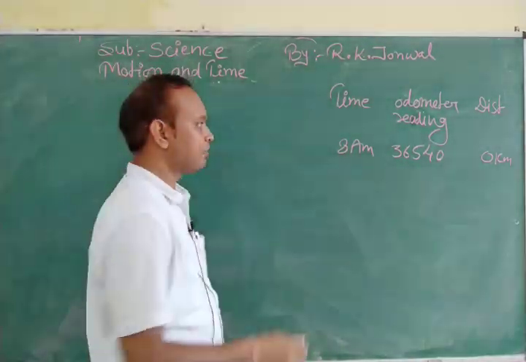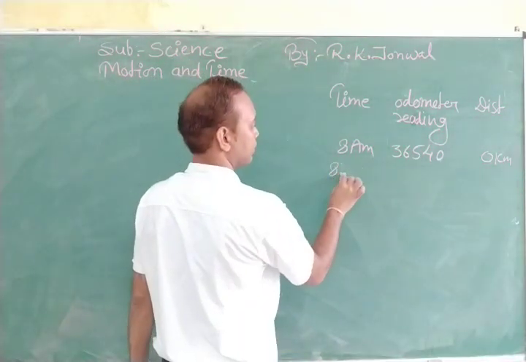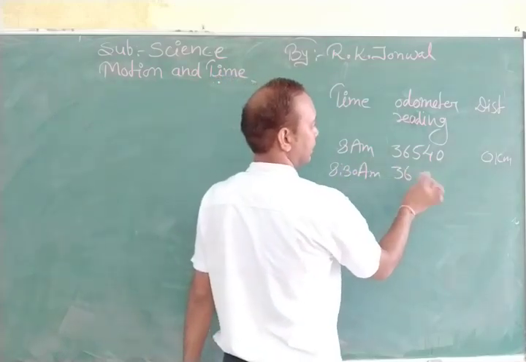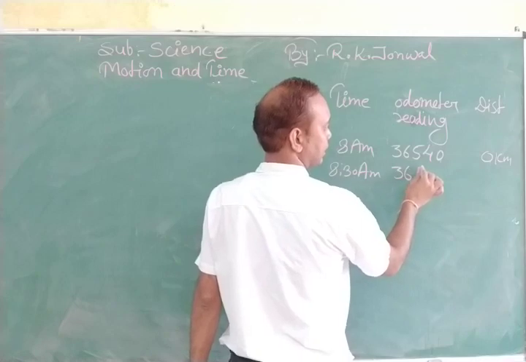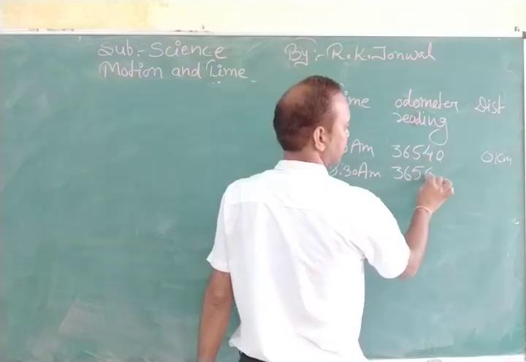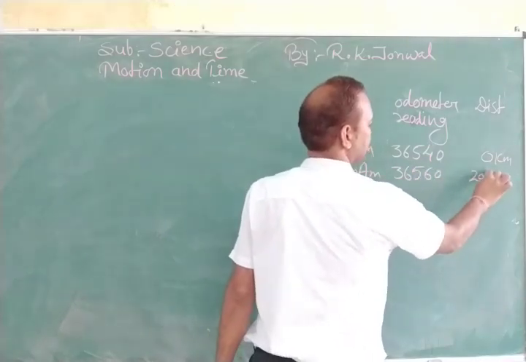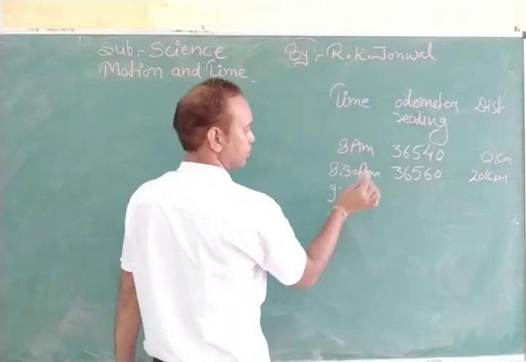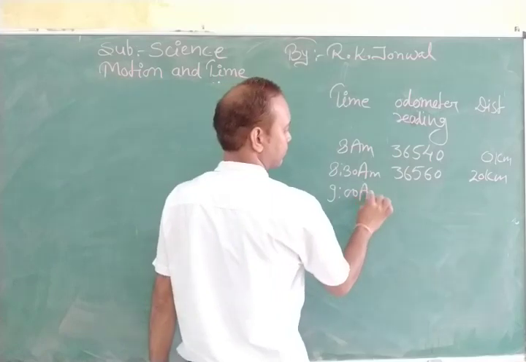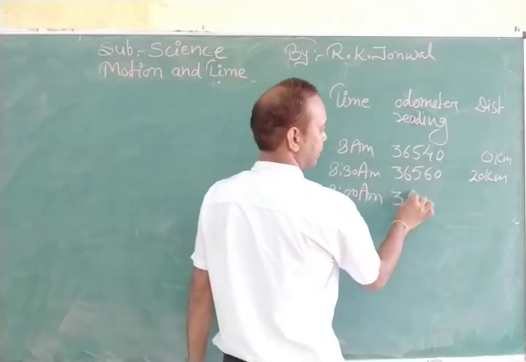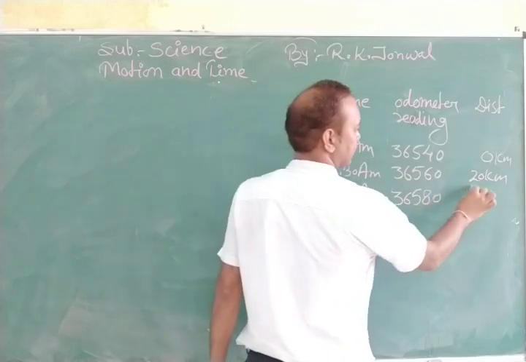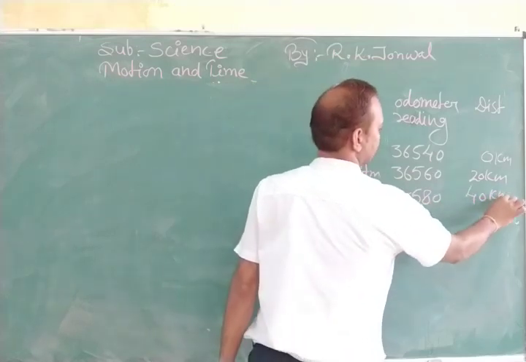After half an hour, time is 8:30 a.m., odometer reading 36,560, distance is 20 kilometer. After 1 hour, at 9 a.m., odometer reading 36,580, distance is 40 kilometer.